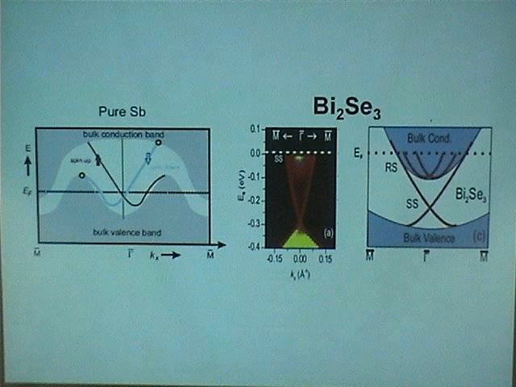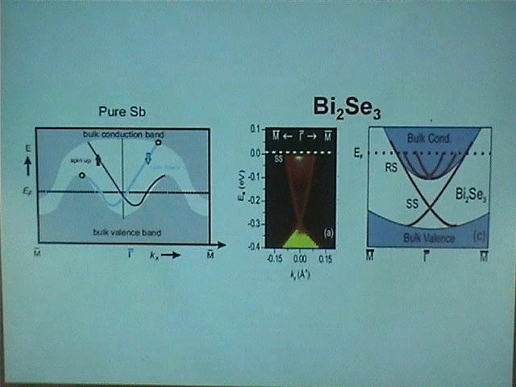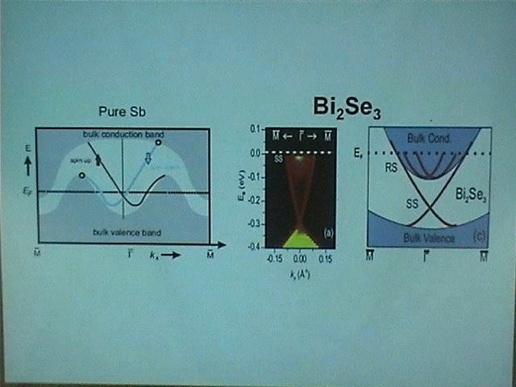And how much is the peak carrier concentration? It's actually low. It's in my preprint. Somehow it's not in my talk, so I drew it here. The Fermi surface is a tiny one. It's like 5% of the Brillouin zone. So this is another advantage. And what about the bulk?